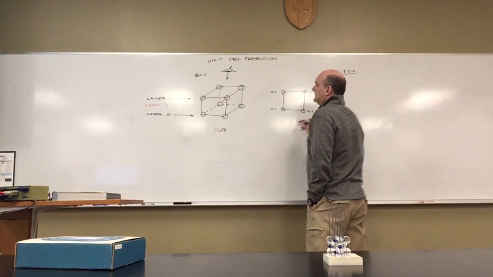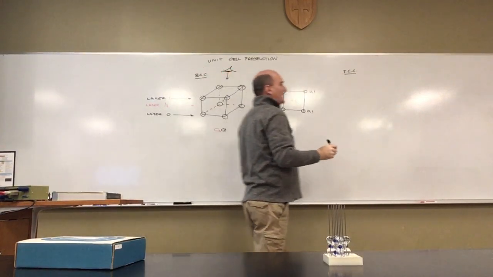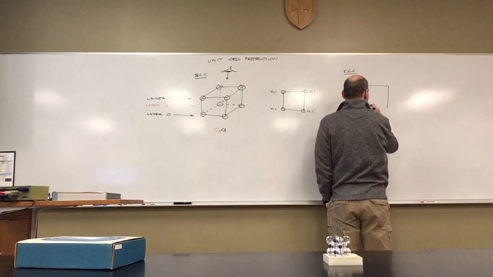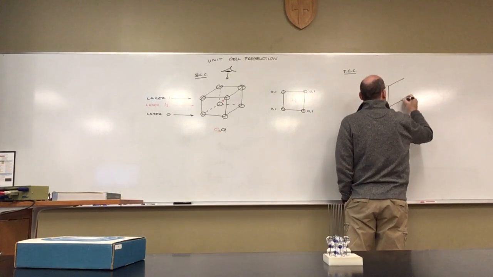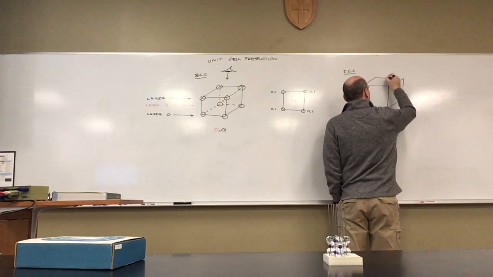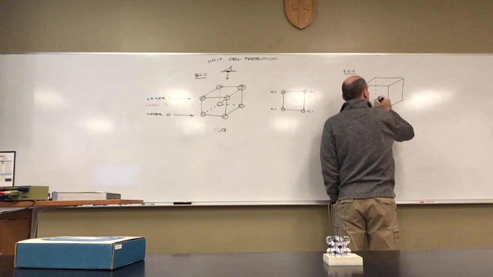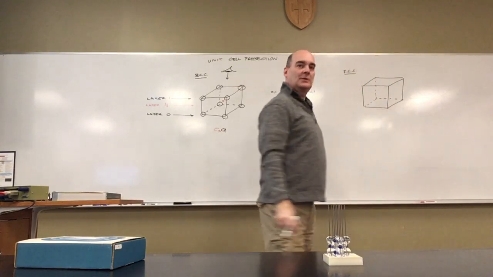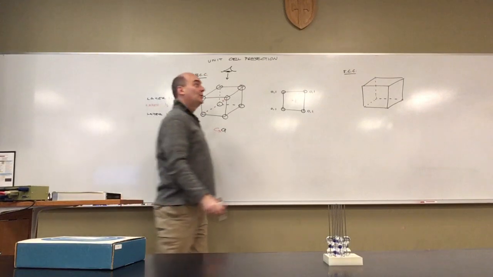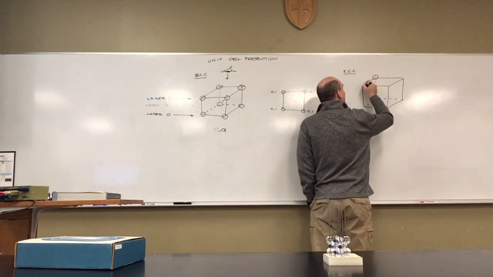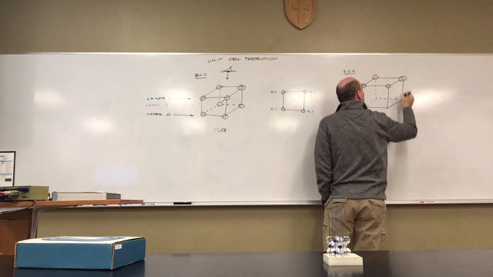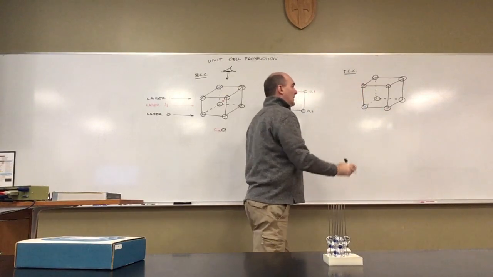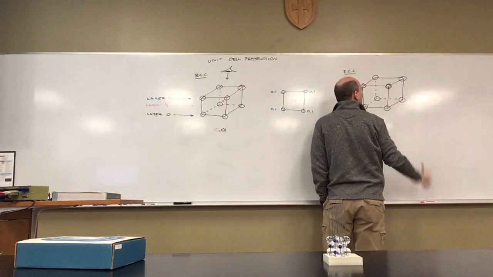Let's do a face-centered cube, like we saw for sodium chloride. It's a passable cube, but it'll do. All right, so things that we know from this. This, again, has ions at every corner.